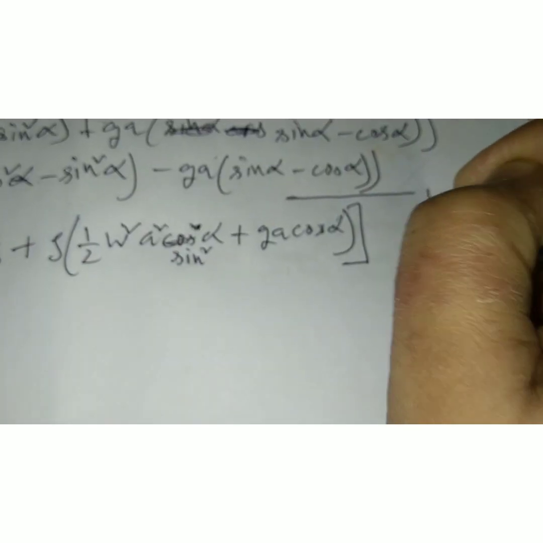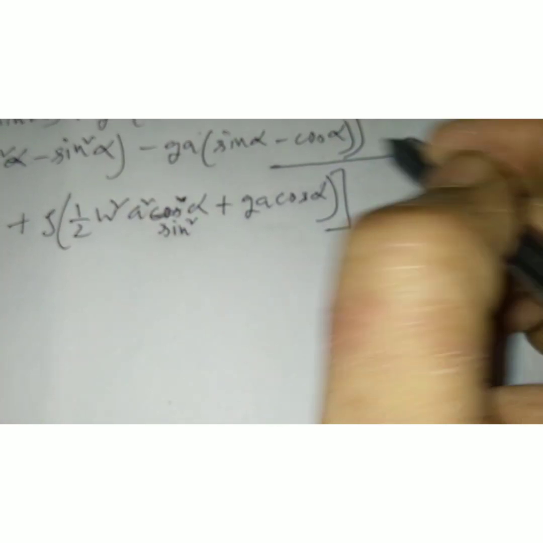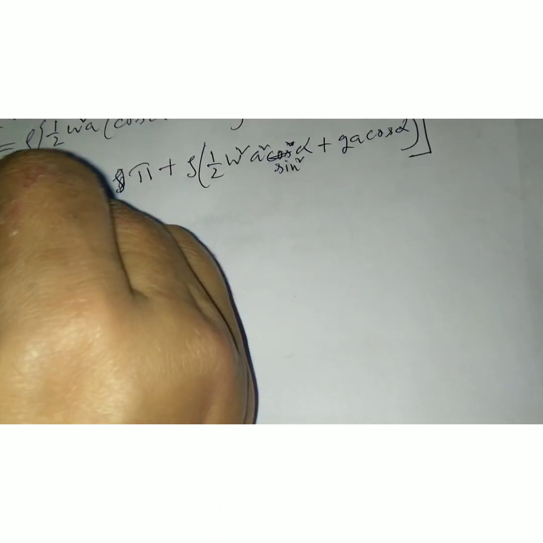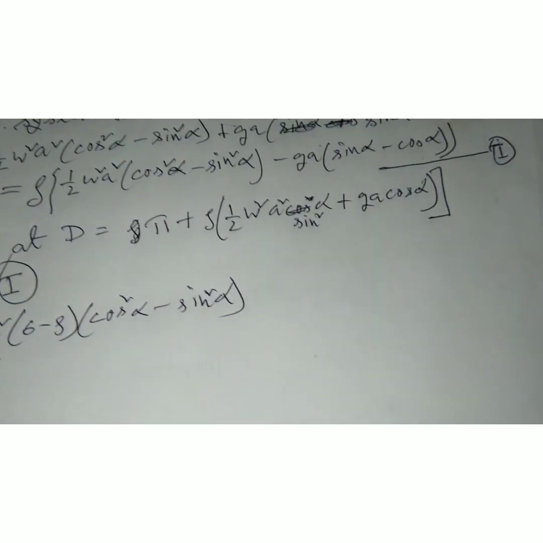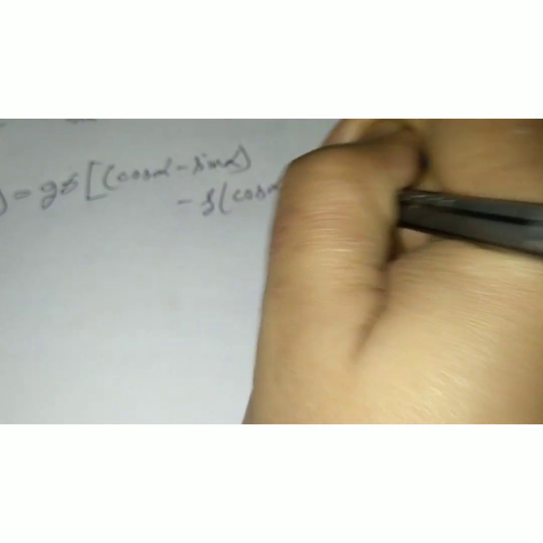This is equation number capital 1. So from capital 1 we have half omega square A square, sigma minus rho, cos square alpha minus sin square alpha, is equal to G sigma, cos alpha minus sin alpha, minus rho into cos alpha plus sin alpha.